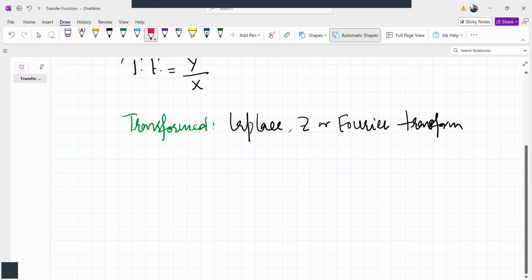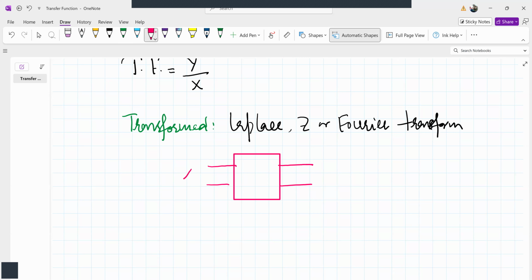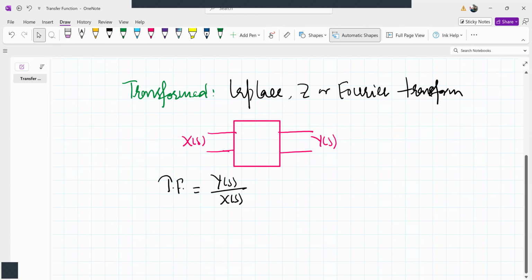For example, say our network or system has X of S as the input and Y of S as the output. Then the transfer function of this network or system will be simply Y of S divided by X of S. Very simple.